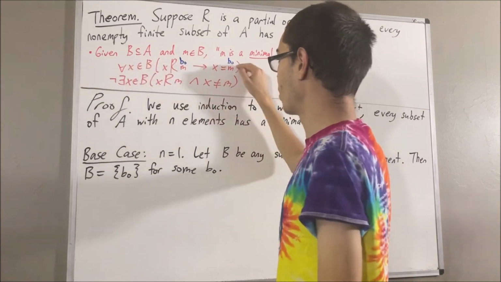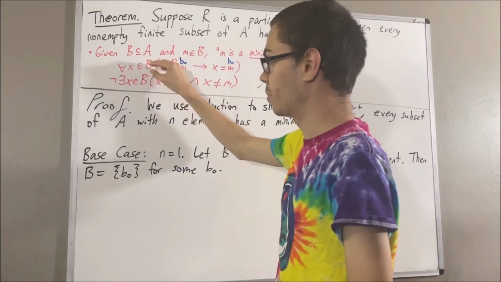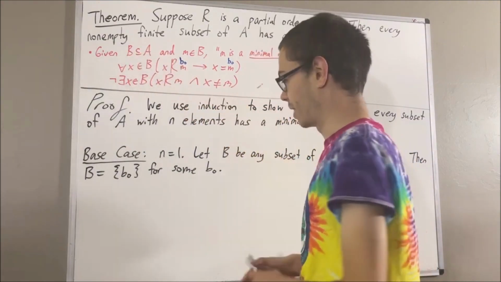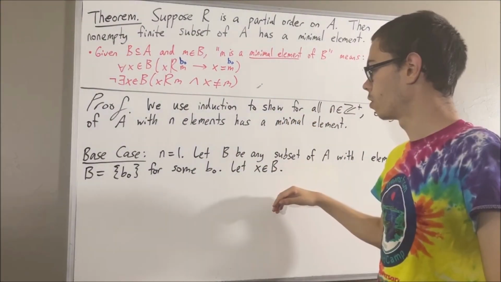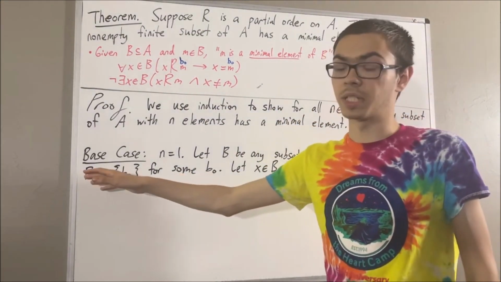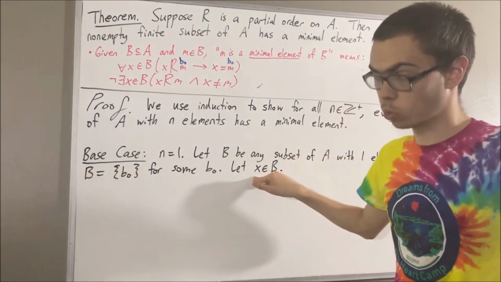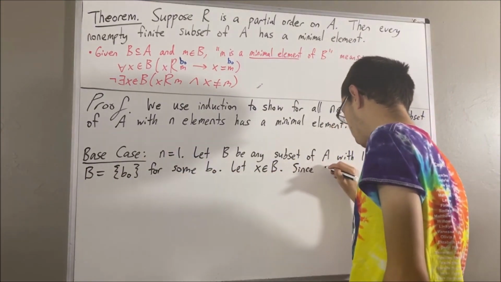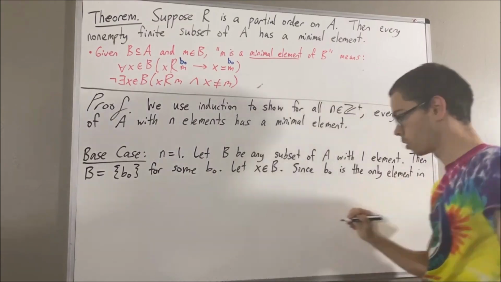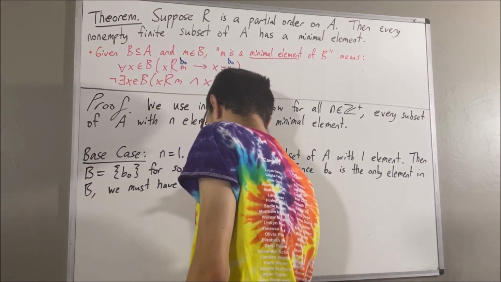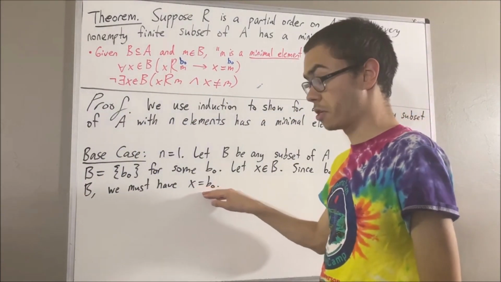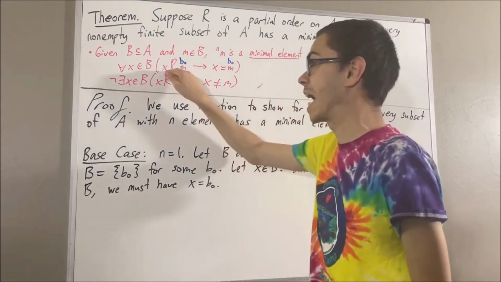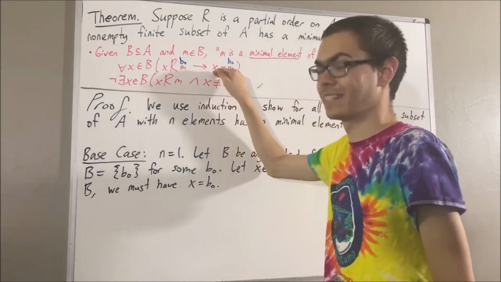Well, since we're trying to prove a statement about all elements X in B, give me an arbitrary element X in B. Well, since b naught is the only element in B, X must be equal to b naught. And since X is equal to b naught, of course, if X R b naught, then X is equal to b naught.